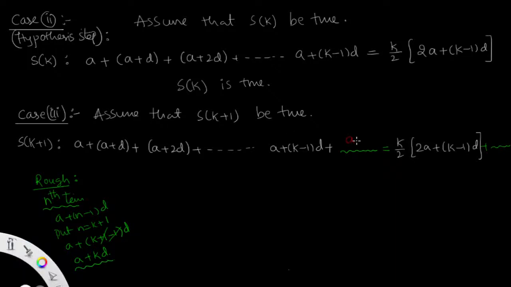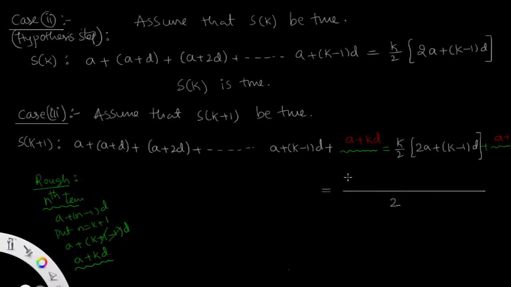In both the cases we have to add on both the terms, LHS to RHS. In both places you add a plus kd. Then the total expression becomes the sum of k plus 1 terms. Okay. Now we have to simplify, which is equal to taking the LCM as 2.